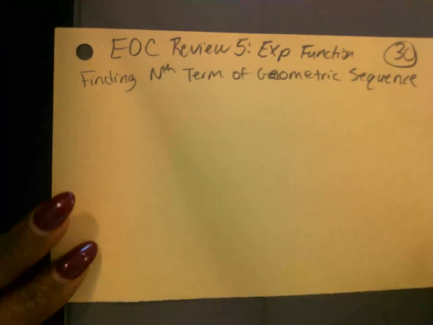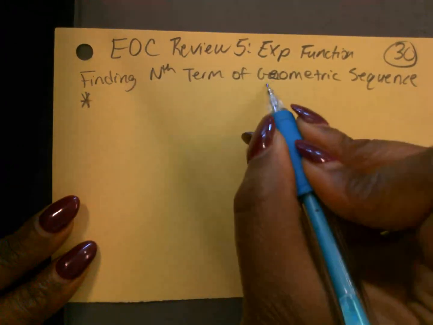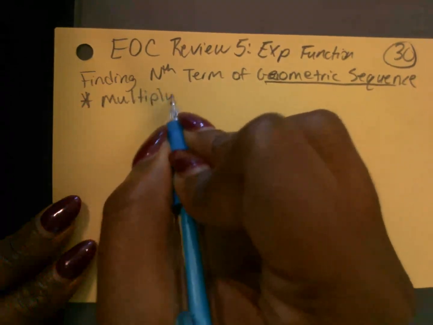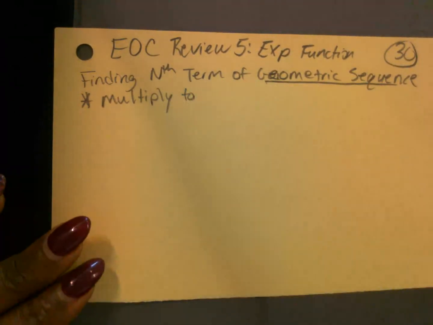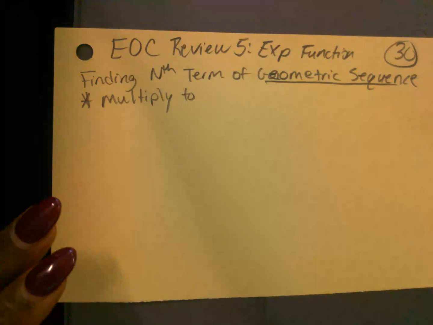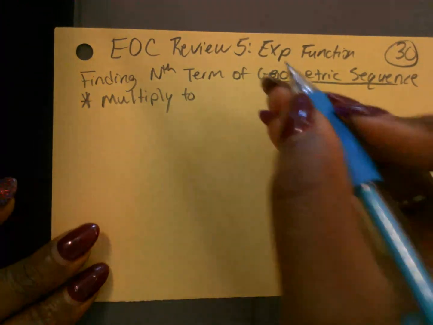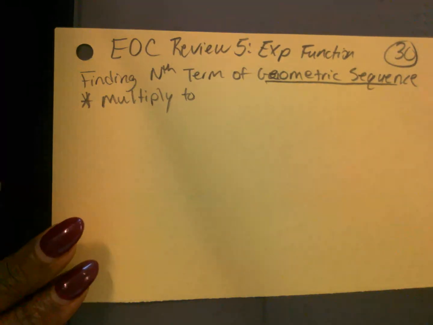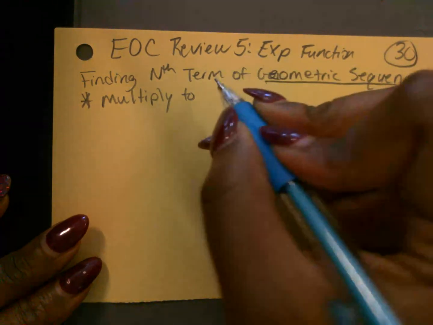It is an exponential function. So geometric sequence, multiply to get to the next number. And it looks like it can be division, but you write it in terms of multiplication. So if you're dividing by 2, then really what you say is that you're multiplying by a half.